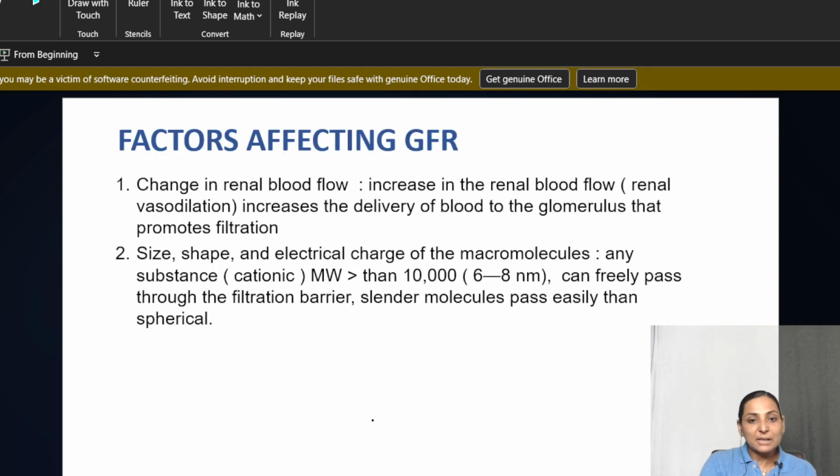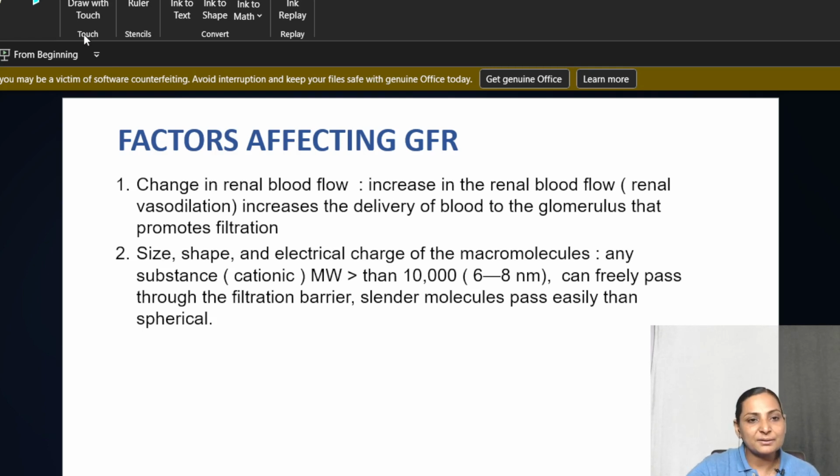Now, among other factors, first we've considered the hydraulic conductivity, that is Kf. Then we looked over the three forces: the glomerular capillary hydrostatic pressure, Bowman's capsule hydrostatic pressure, and the glomerular capillaries colloidal osmotic pressure. And because the proteins are filtered, the Bowman's capsule colloidal osmotic pressure is 0, which is not under consideration.